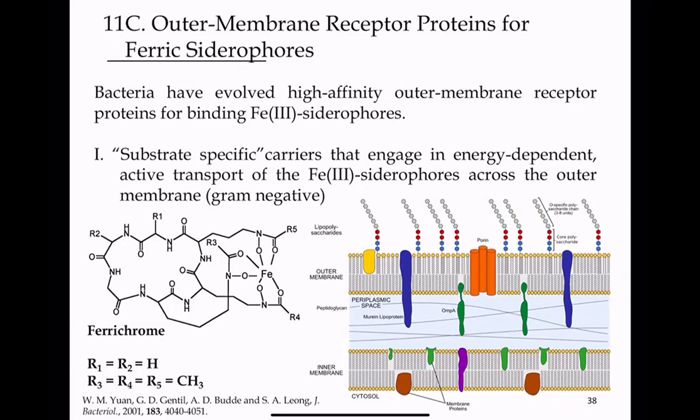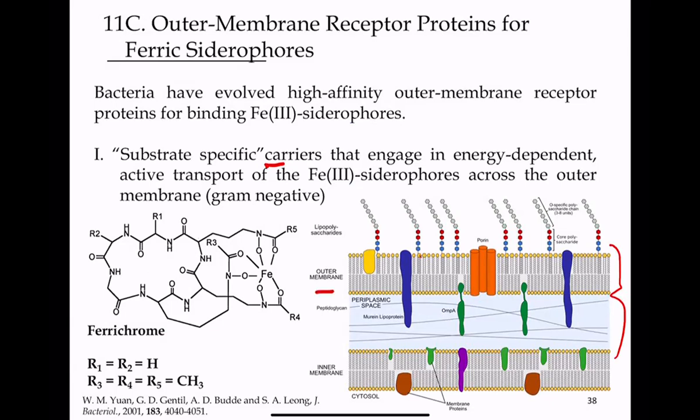And so what we're looking at here is a representation of a carrier. This is just a cartoon depiction of a type of bacteria. So we're not actually focusing on a specific bacteria, we're focusing on the representation of a gram-negative bacteria. What we see here is a composition where we have an outer membrane and the corresponding constituents of the outer membrane.